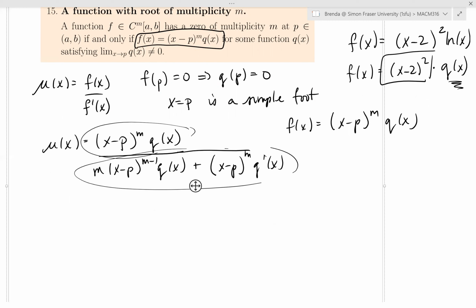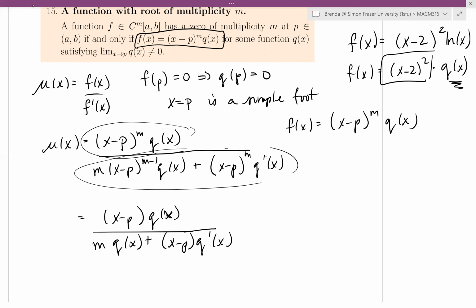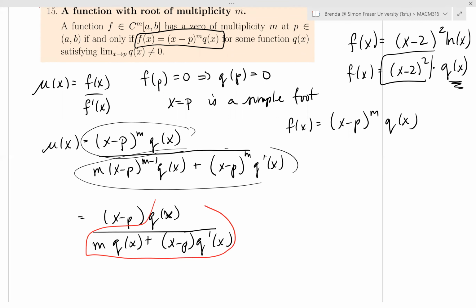I can simplify that, and I'm going to identify this piece here and call that q tilde.